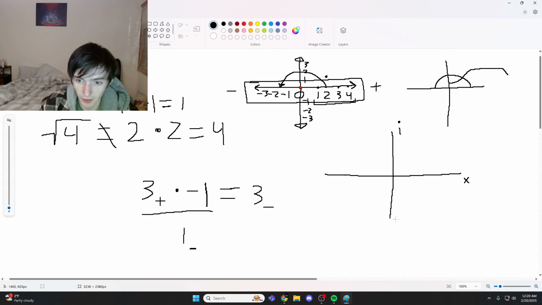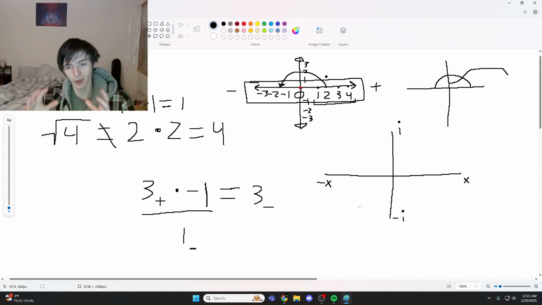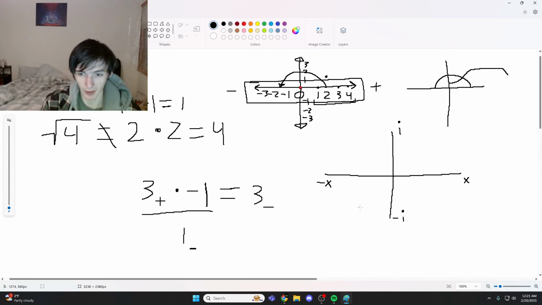imaginary numbers are just like this. They're mapped onto this number line, basically. And they are always 90 degrees with the number line, but they're a different kind of thing, sort of.